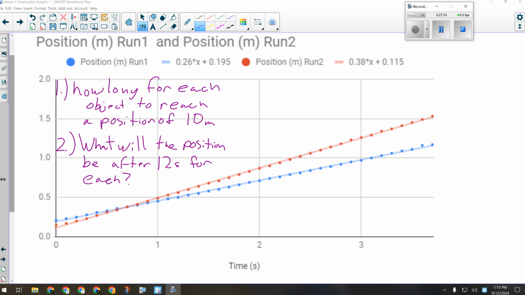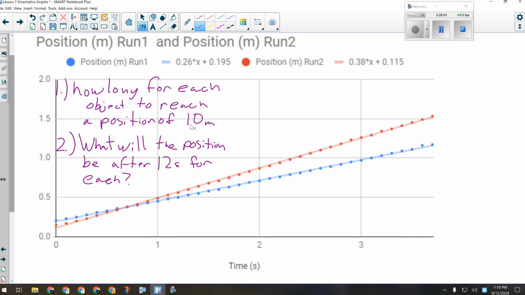If I'm looking for how long on a position versus time graph, what am I solving for, y or x? X. Time is on the x-axis. If I'm being asked to solve for a time, then I'm solving for x. They gave me y. They said y equals 10. I already know for each one of these what b equals and what m equals. So the only things I don't know are y and x, and they gave me y for the first one.